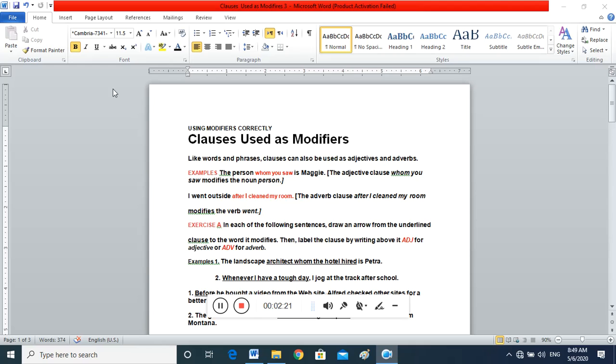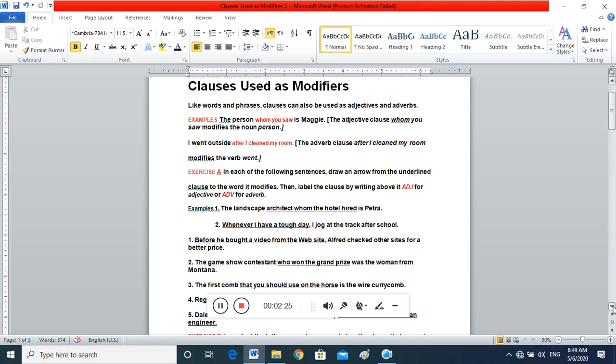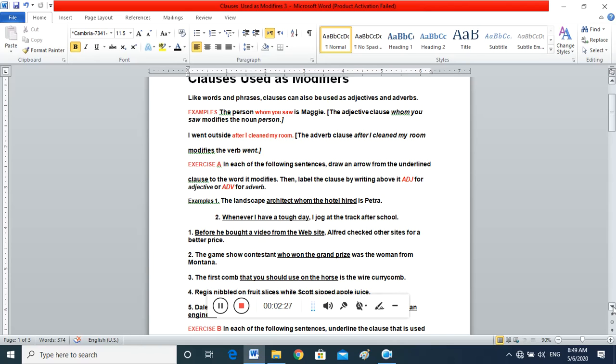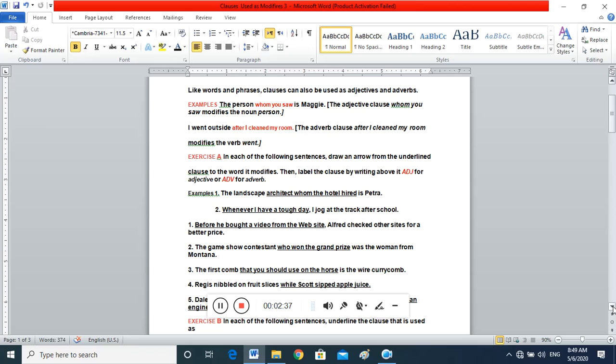Exercise E. In each of the following sentences, draw an arrow from the underlined clause to the word it modifies. Then label the clause by writing above it adj for adjective or adv for adverb.